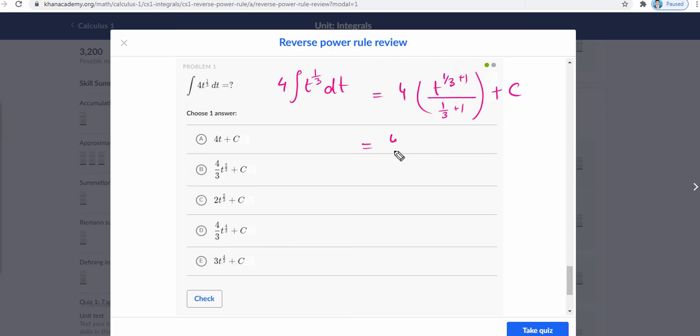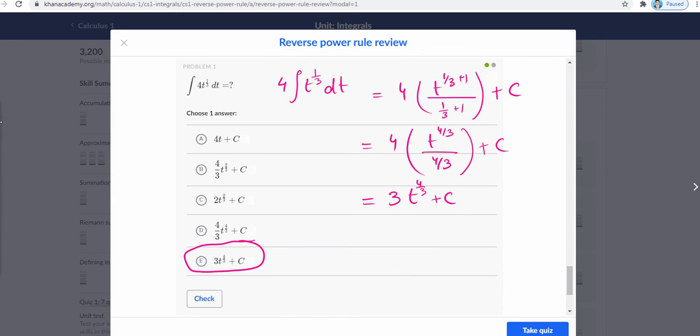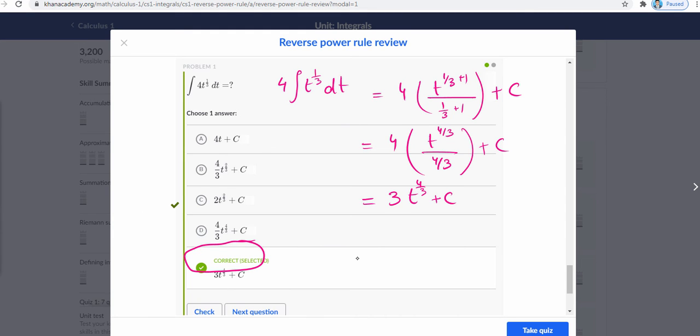So it will become 4 times t to the power of 4 over 3, whole divided by 4 over 3 plus constant. So 4 divided by 4 over 3 will become equal to 3. So it will be like 3 t to the power of 4 over 3 plus constant. So here's the answer, part E. So let's check mark it, and it is correct.